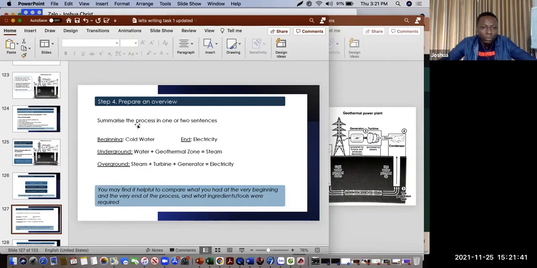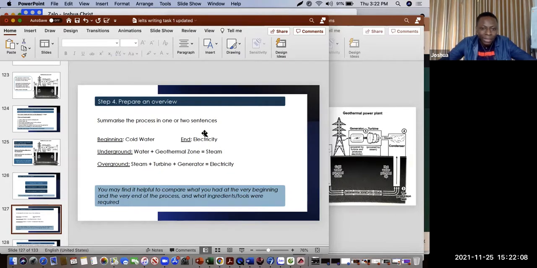Okay, so to prepare for your overview, at least a few things are important. We have the first thing being cold water. The cold water goes through the geothermal zone and heat is produced or steam is produced. The steam then combines with the turbine and generator to produce electricity.